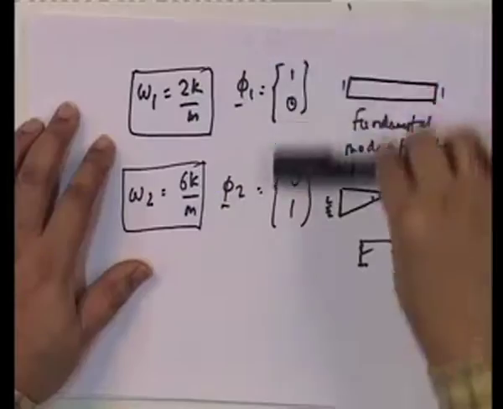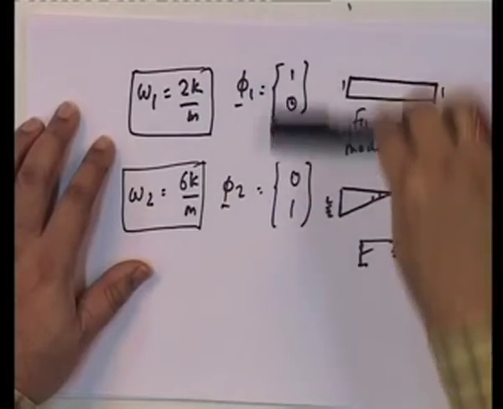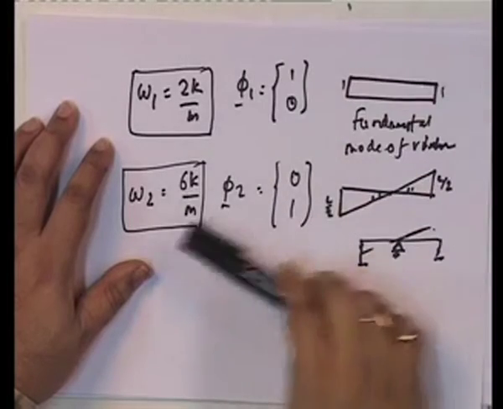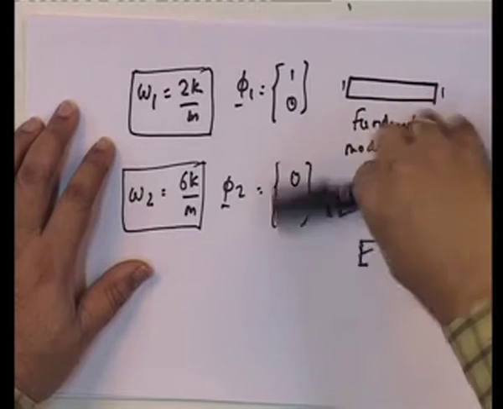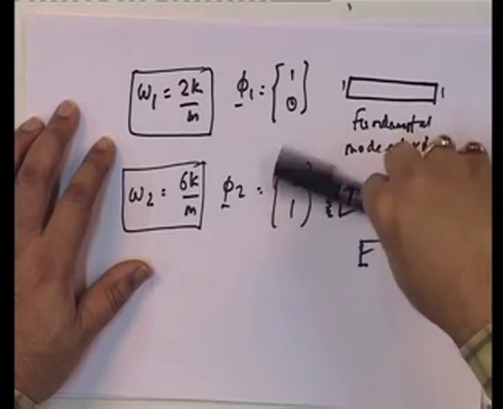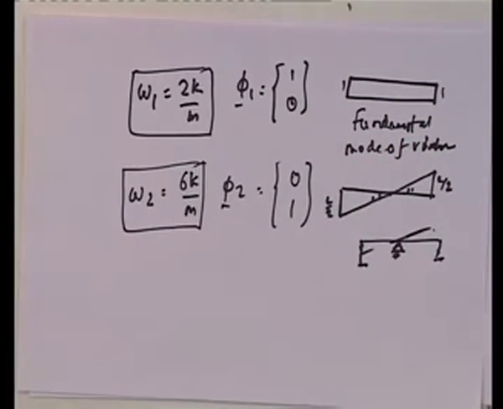And that is the reason why a structure, if allowed to vibrate by itself, will always vibrate in the fundamental mode, because that is the lowest frequency mode that you have. Higher frequencies are associated with higher strain energies, higher energy mode. It's difficult to do this. So, it would rather not do that. So, that is the reason why it is called the fundamental mode.